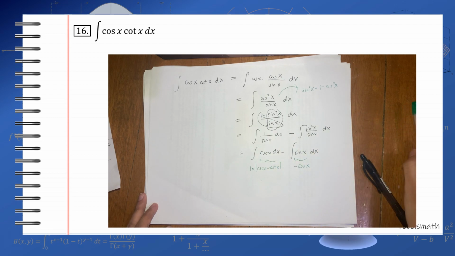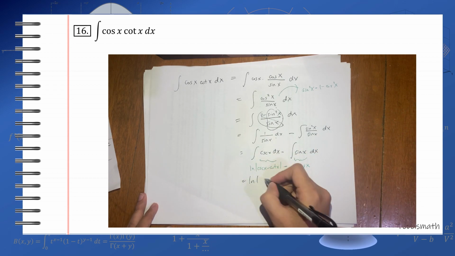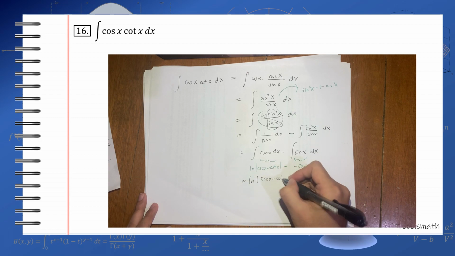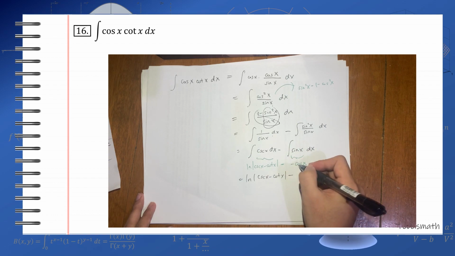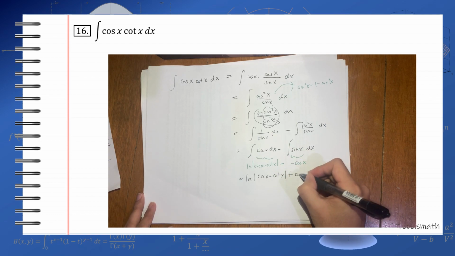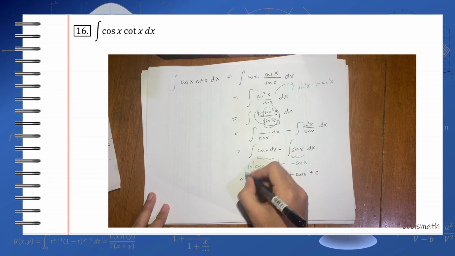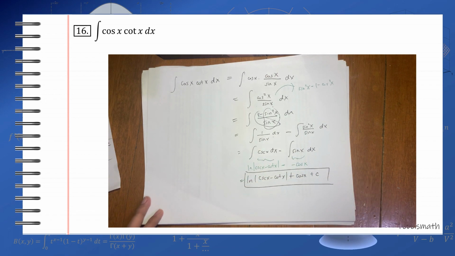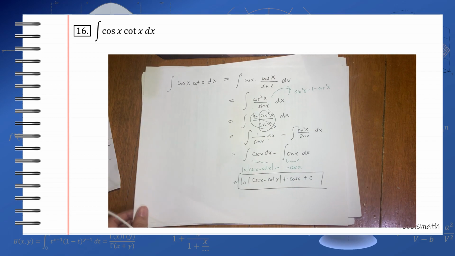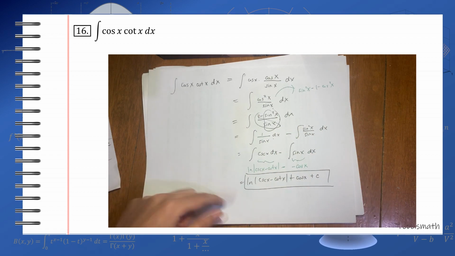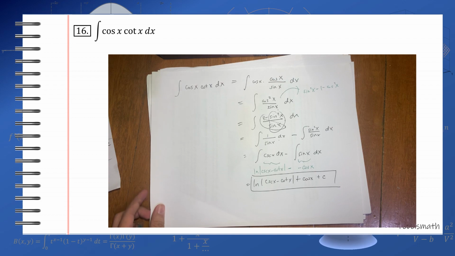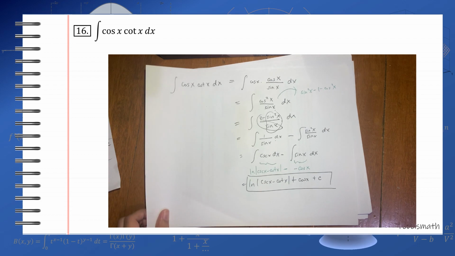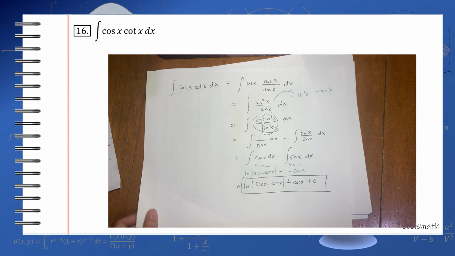So the answer is, there's a minus here, so ln of cosecant x minus cotangent x minus, it becomes negative negative, so positive cosine x plus c. Done. By the way, there are a lot of solutions for this one. So you can try your own, but I think this is the most intuitive.